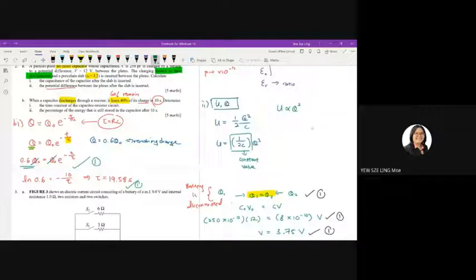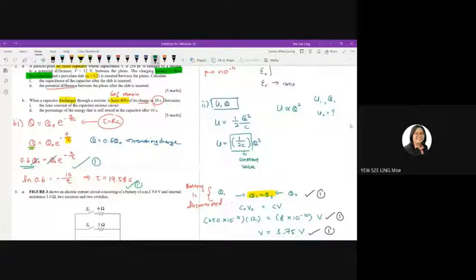So if you want to find the final value, you have initial U1, you have Q1, and you want to find the remaining energy, which means our U2 is an unknown.